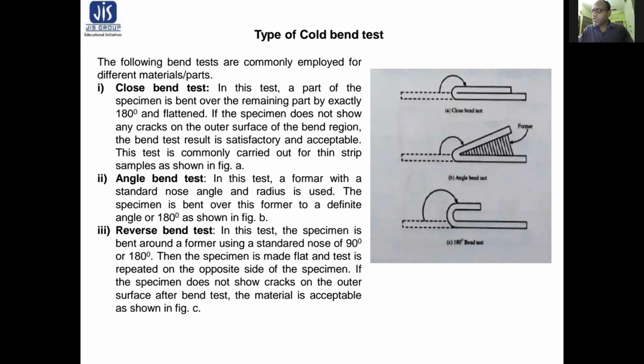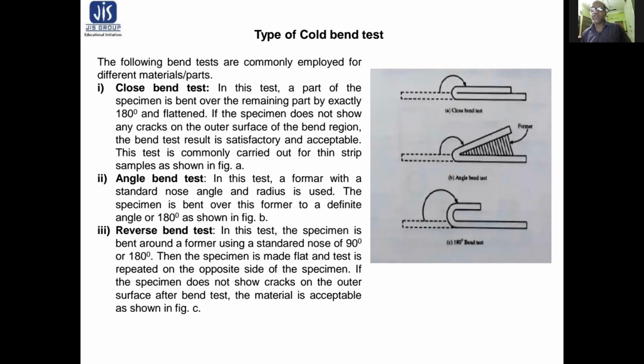After the load is applied, the specimen bends to the specified degree. It is removed and inspected for cracks on the outer surfaces. If there are no cracks, the material is acceptable. This is called the cold bend test.